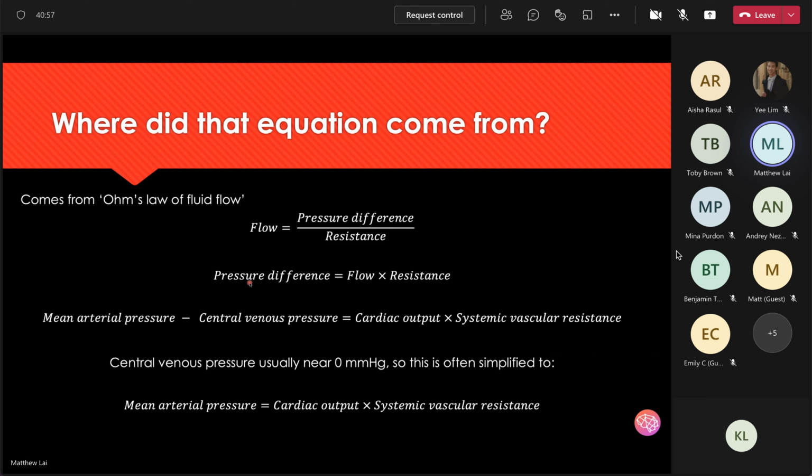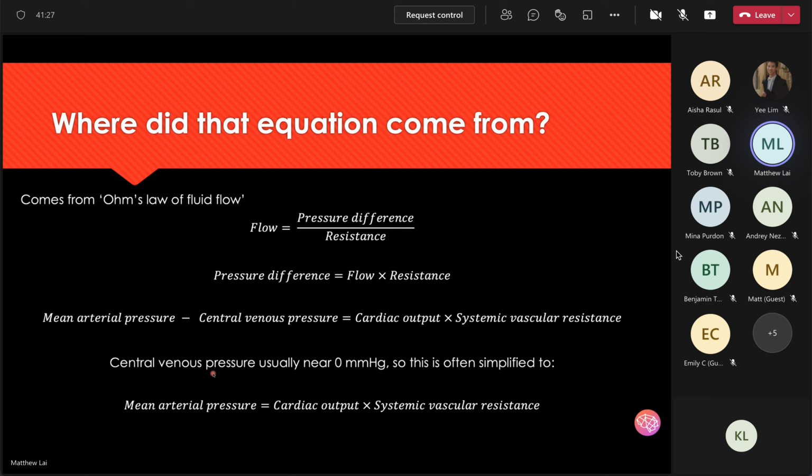So let's apply this to our circulatory system. Mean arterial pressure minus central venous pressure, that's the difference across the circulatory system, is equal to the cardiac output times the systemic vascular resistance. Here, cardiac output is our stand-in for flow, and systemic vascular resistance is our stand-in for resistance.